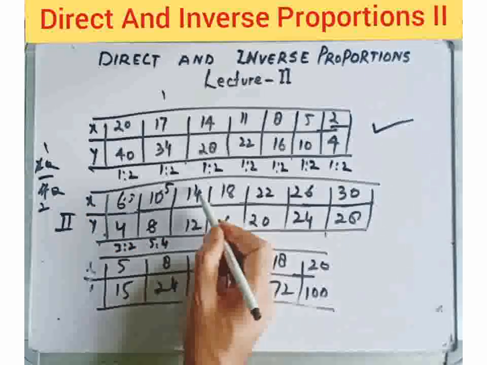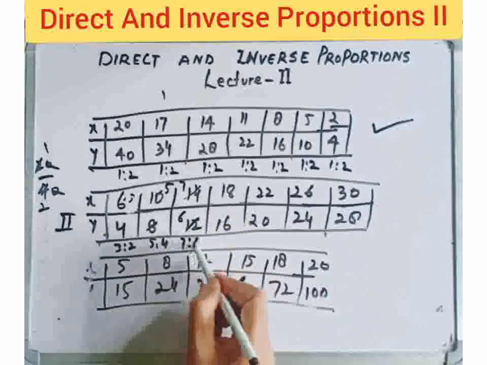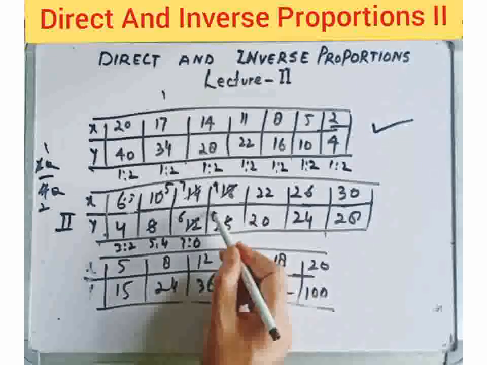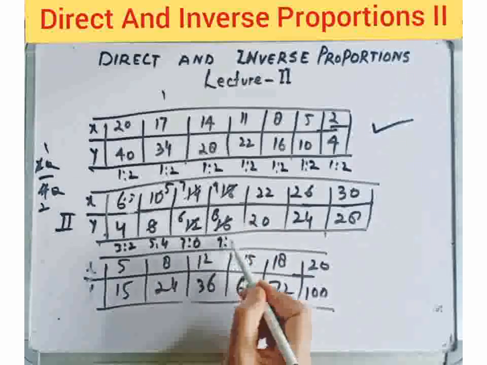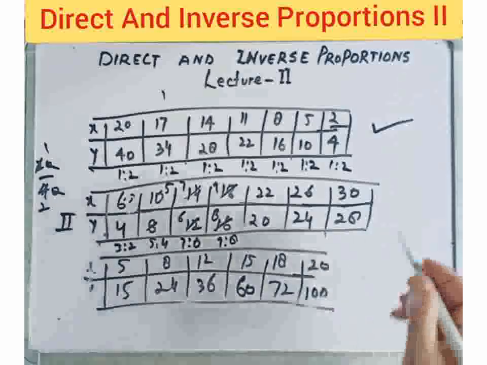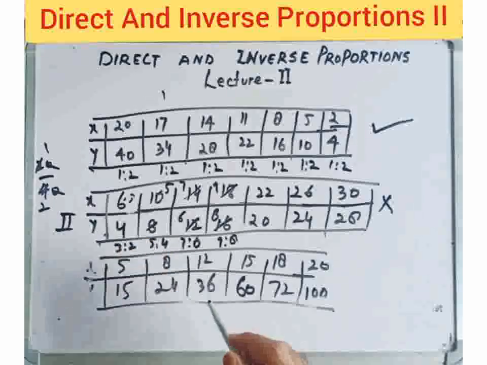Let's take another: 2 7s are 14, 2 6s are 12, 7:6. 2 9s are 18, 2 8s are 16, so 9:8. The ratio is not the same, so in this case x is not directly proportional to y.